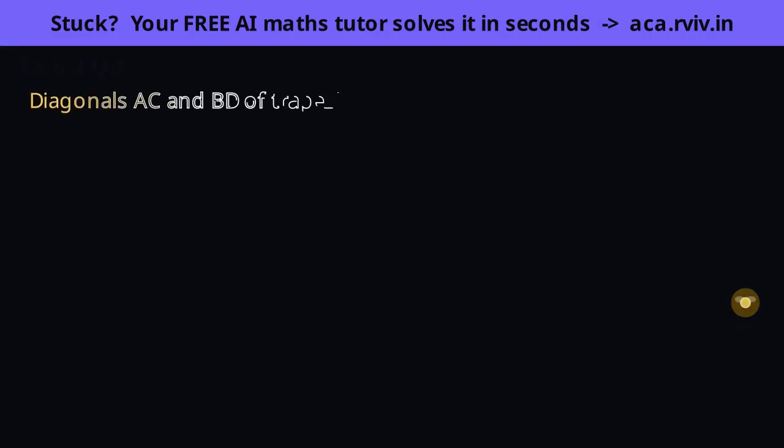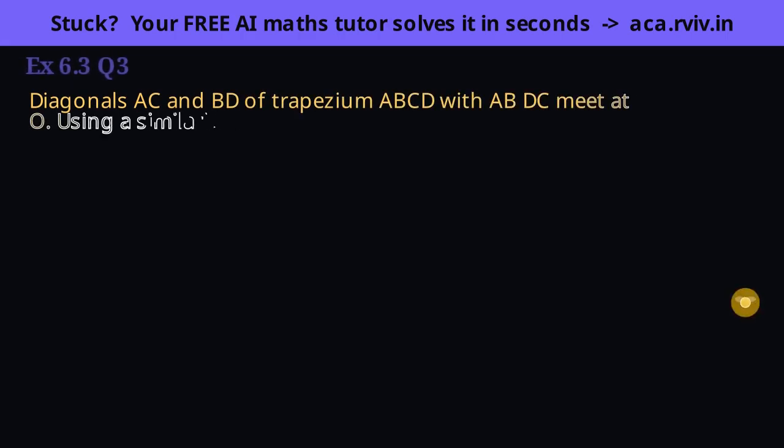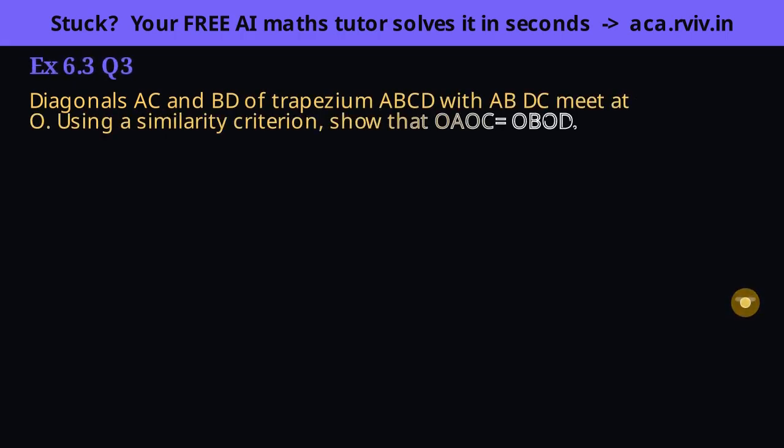Parallel sides make alternate angles, and alternate angles make AA similarity. Setup: unlike the earlier version, here we use similar triangles, so first hunt for equal angles from the parallel sides. AB parallel to DC gives alternate angle OAB equal to angle OCD.